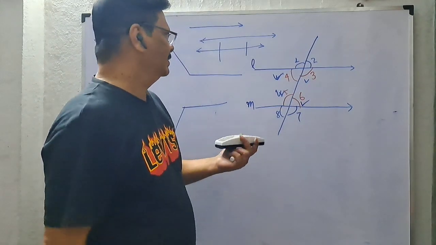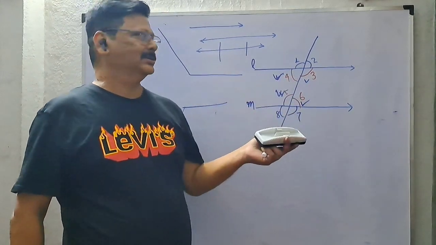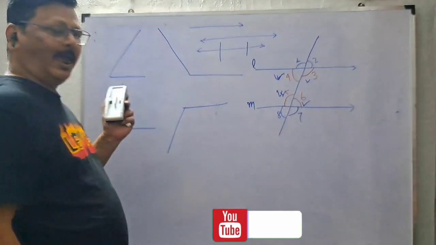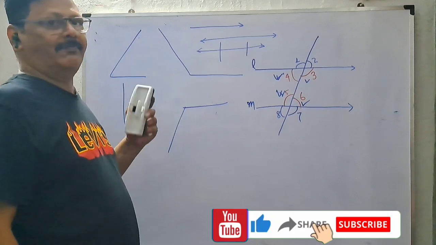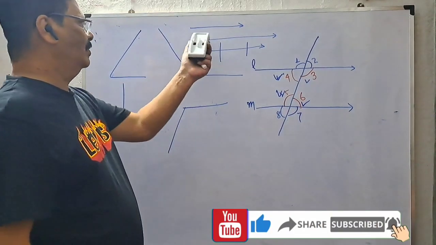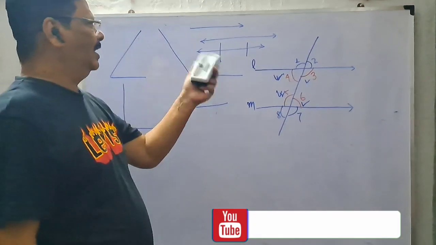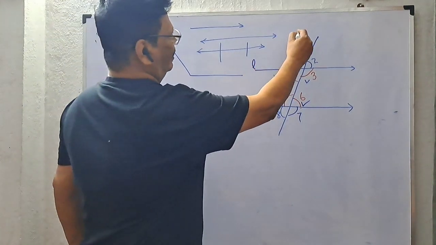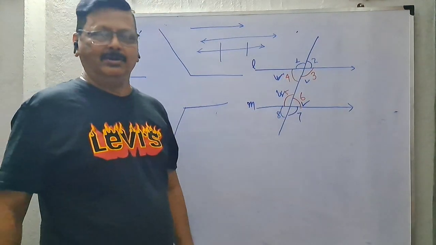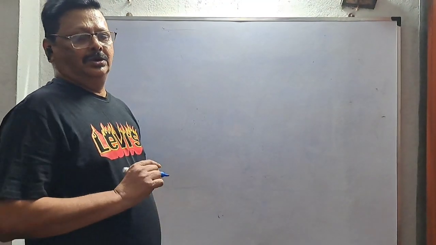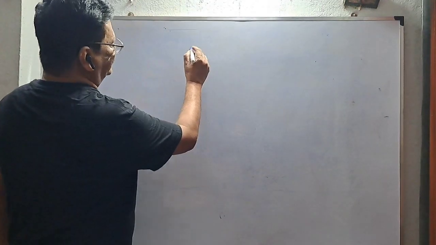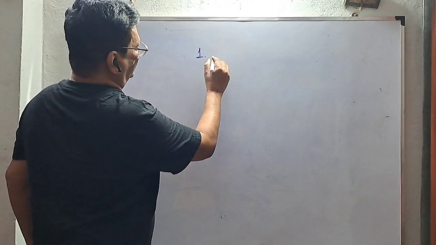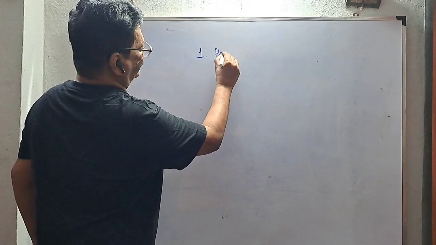Today we'll discuss parallel lines, then angles, how they are related, how their values range, and also rays, lines, segments and points. So let's go in. Before going into parallel lines and transversal, let us first discuss these points. Number 1, what is a point?